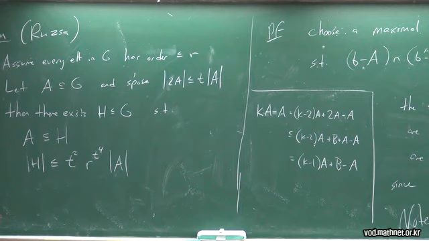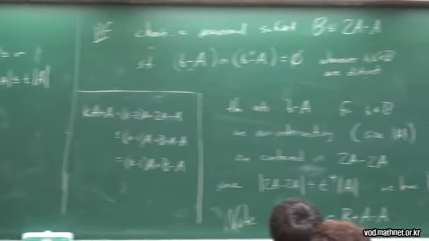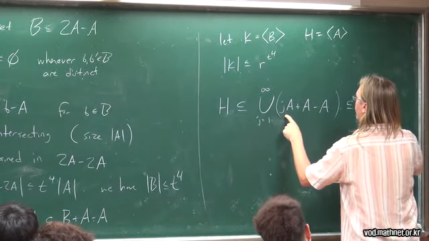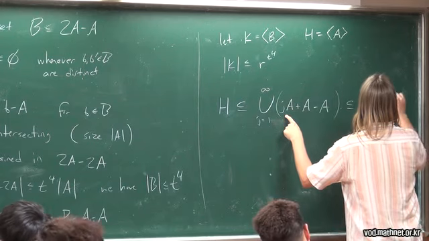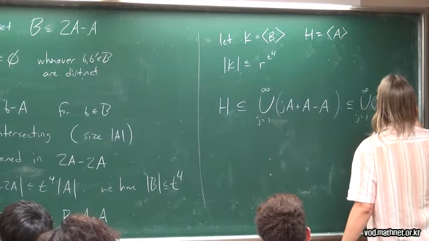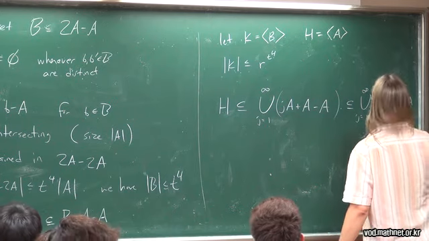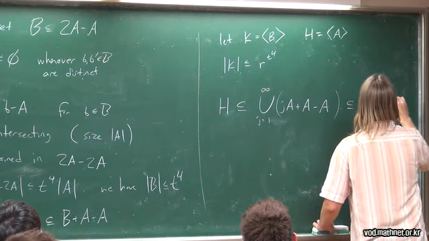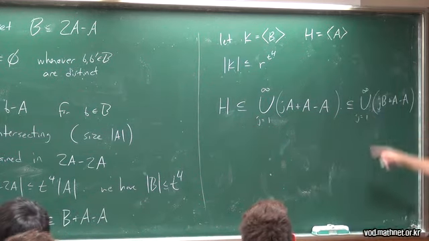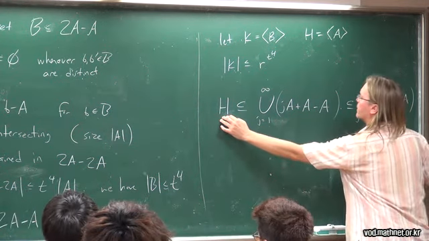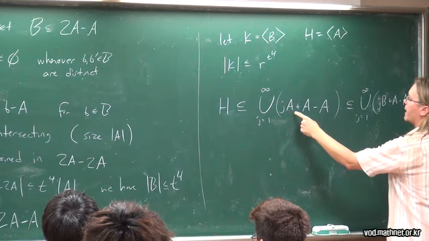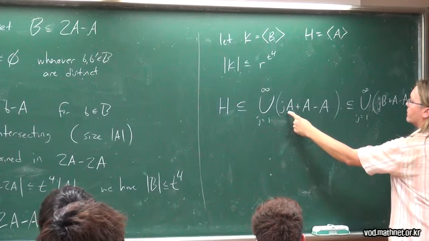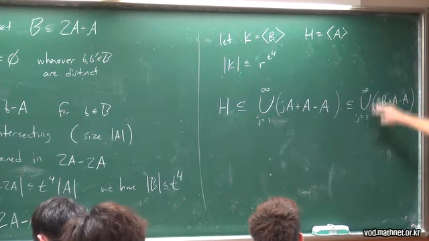So in fact, this whole thing is a subset of the union as J goes from 1 to infinity of J times B plus A minus A. So this big union contains my subgroup H. But what I know is that anytime you have an expression of this form, you can just replace these JAs by JBs, one at a time using this property until you get here.